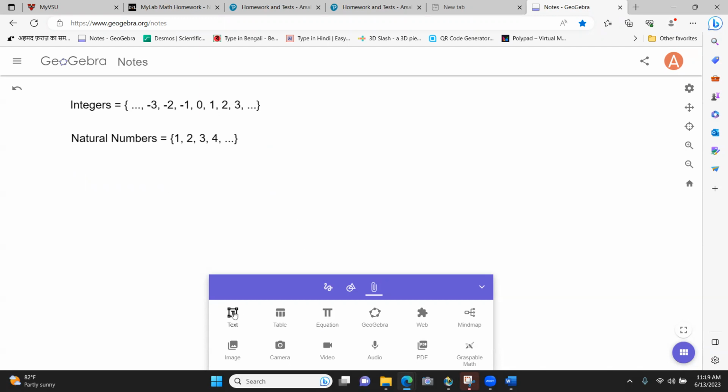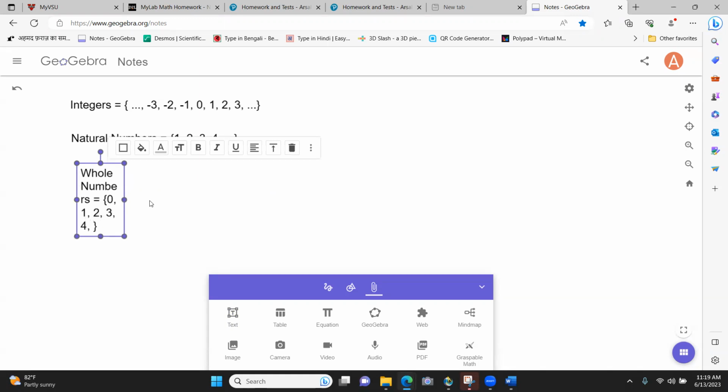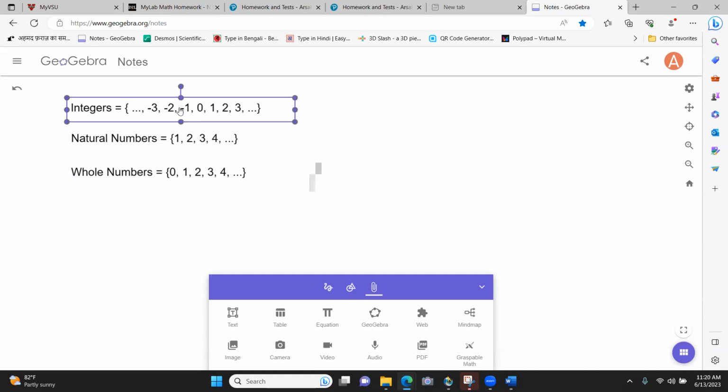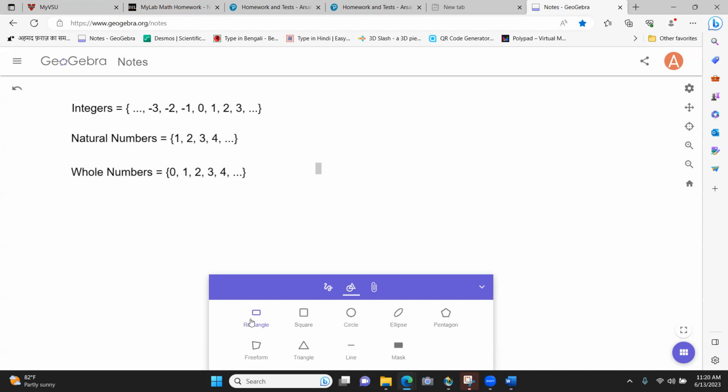What about whole numbers? Whole with a W. Whole numbers is this. These are the whole numbers. So now, how can you say it in simple words? If you understand integers, you can say natural numbers are positive integers and whole numbers are non-negative integers. When I say non-negative, I mean this.